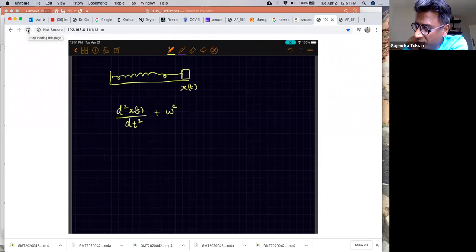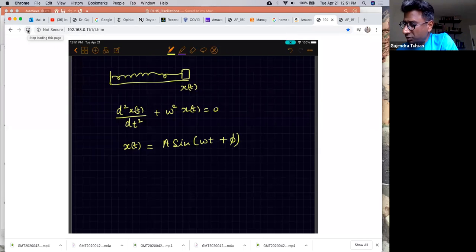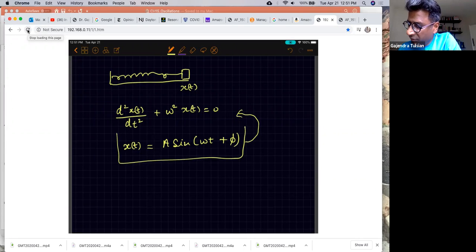The behavior of this system was modeled by this differential equation, and you solve it, and the solution was a sine or cosine, both will work, of omega t plus phi. How do I know that this is a solution? I can plug it back into the differential equation and make sure that it satisfies it. And I'll let you guys do that.